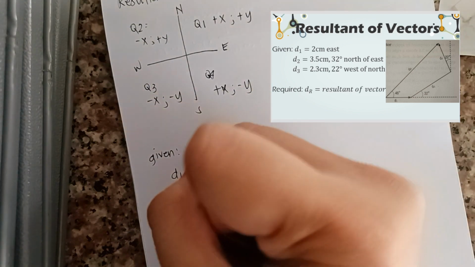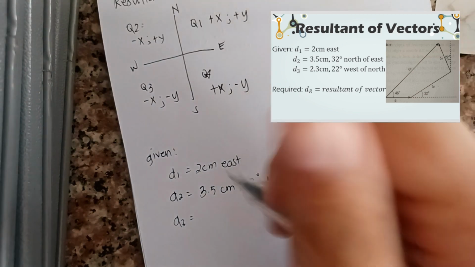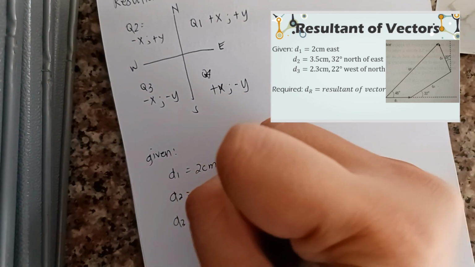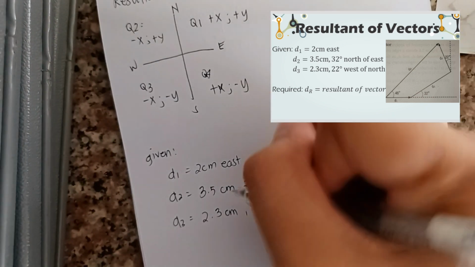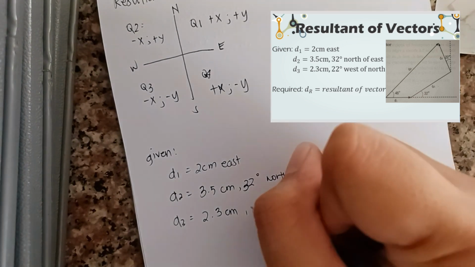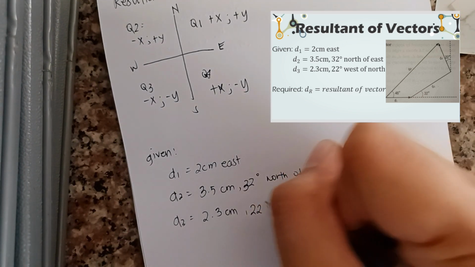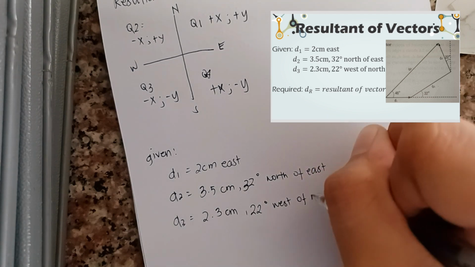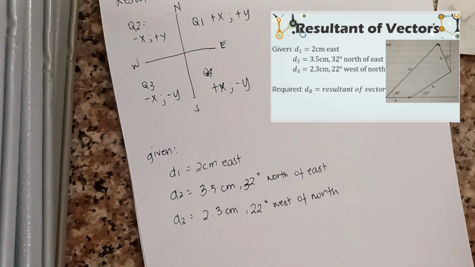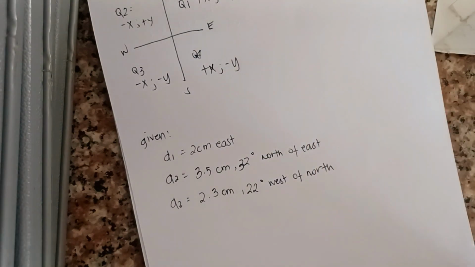Then we have the D3, wherein 2.3 centimeters and this is 32 degrees, and this is 22 degrees west of north. Okay? So, yan ang ating given.